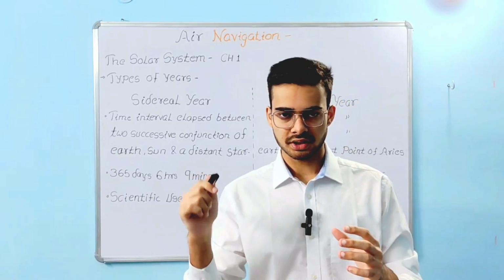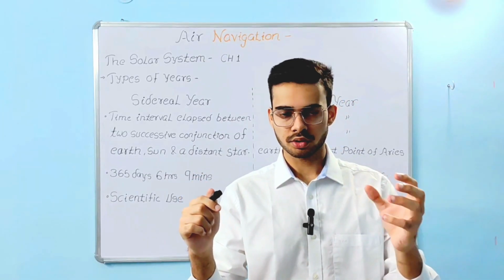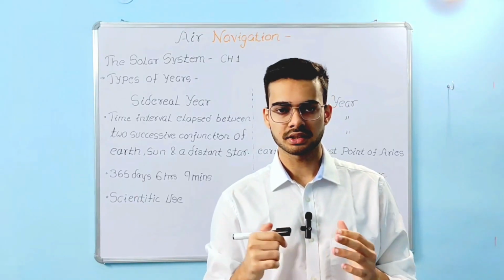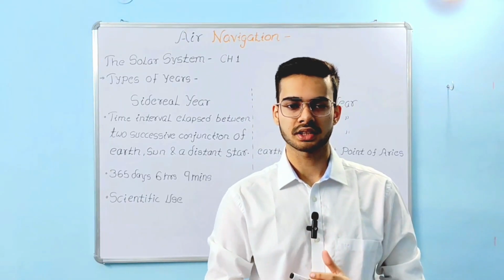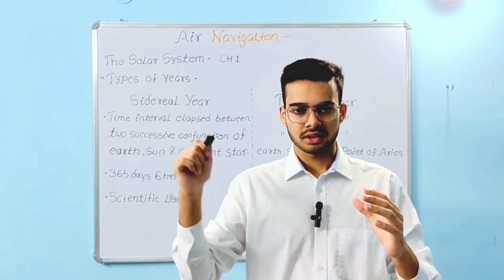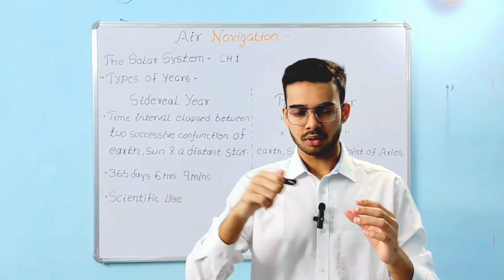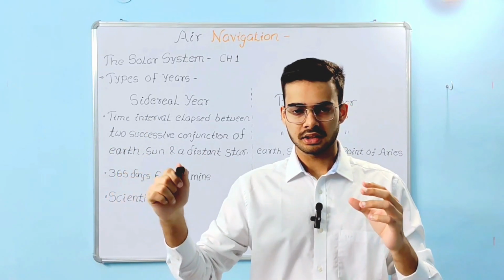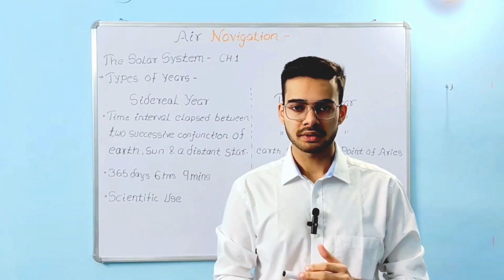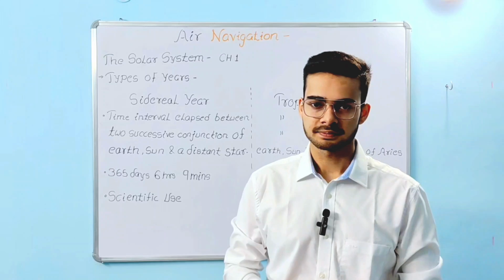So if we took Sun as the reference, Earth also revolves around the Sun. So the relative motion will make it difficult for us to mark the conjunction. So we took a distant star so that the star, Earth, and Sun, when all of these three align, there will be only one instance when this will happen. That's why we took a distant star.